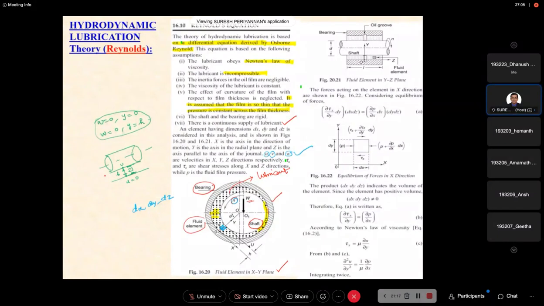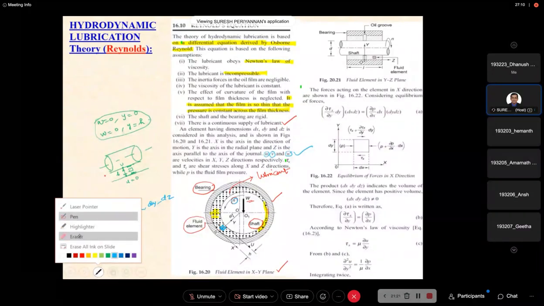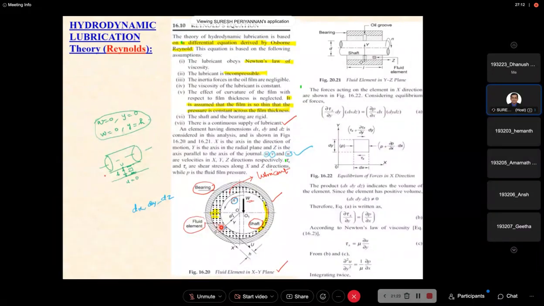Where he considered the fluid element, the corresponding fluid film thickness, the clearance, he denoted h.